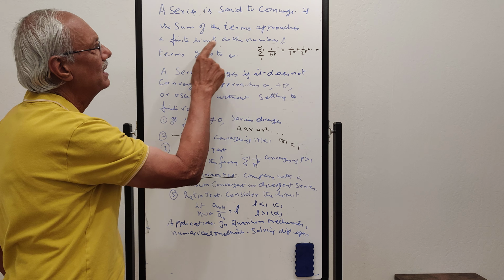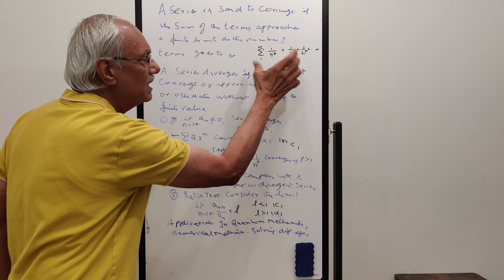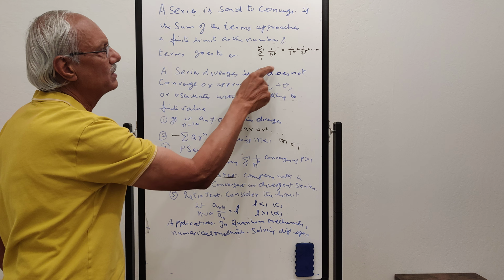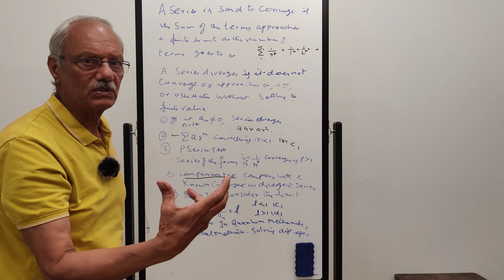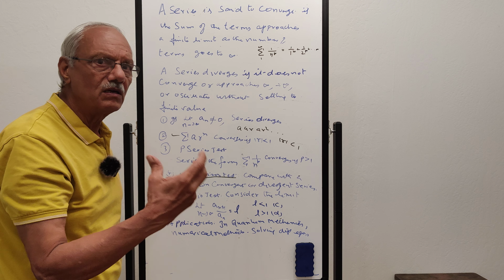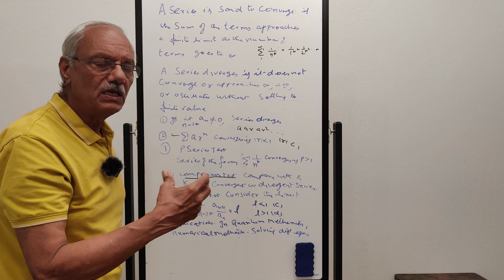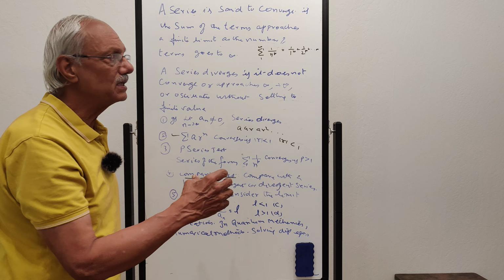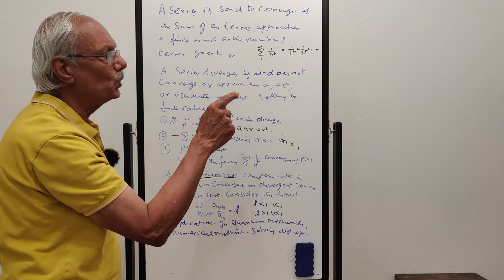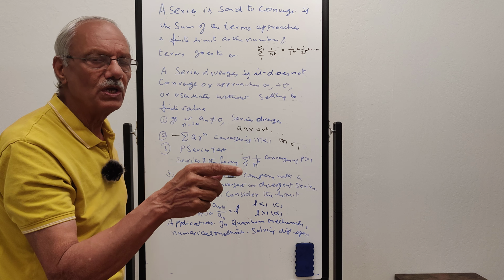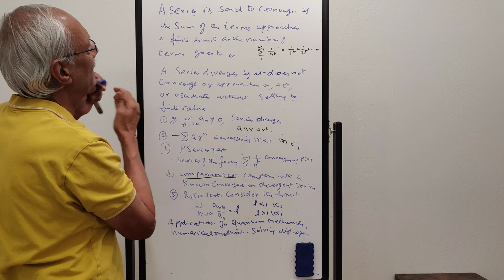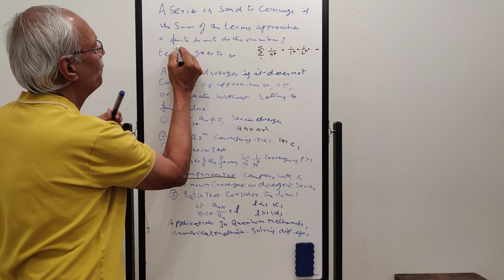We say that this series is convergent if the sum of the terms, sum meaning addition of each individual term of the series, approaches a finite limit.